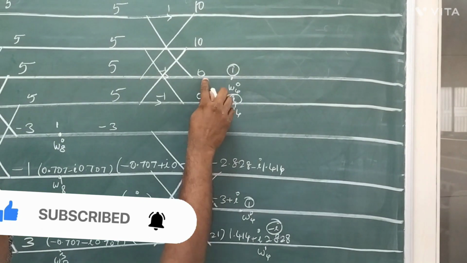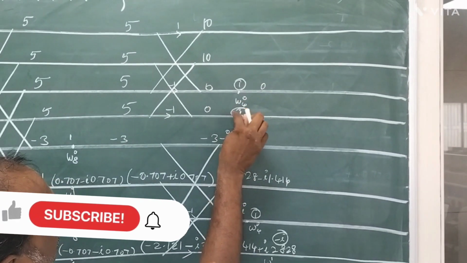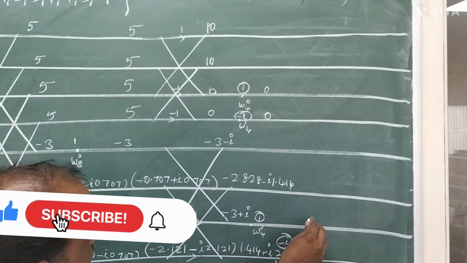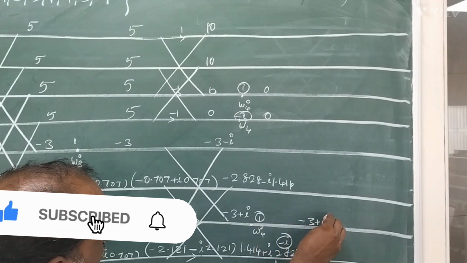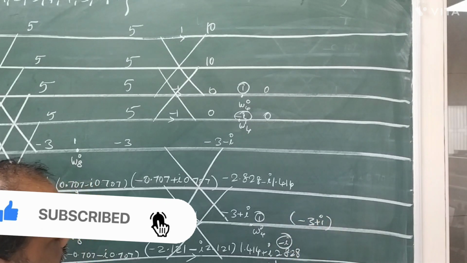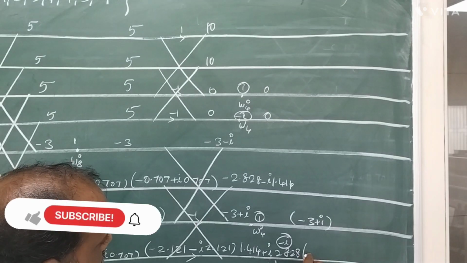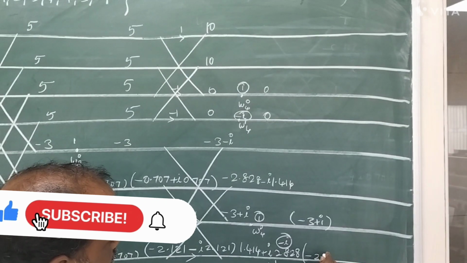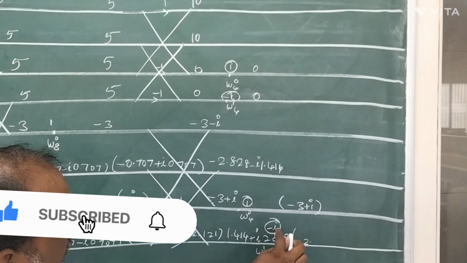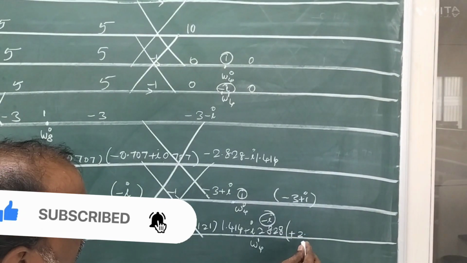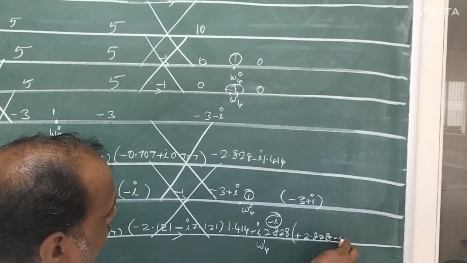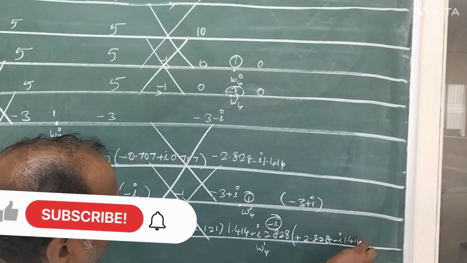We have to multiply with this: 0 into 1 is 0, and 0 into this is 0. Whereas in the case of minus 3 plus j, we multiply this one with 1.414 plus j into minus, that is minus 2.828 j into j squared, giving 2.828 minus j 1.414.